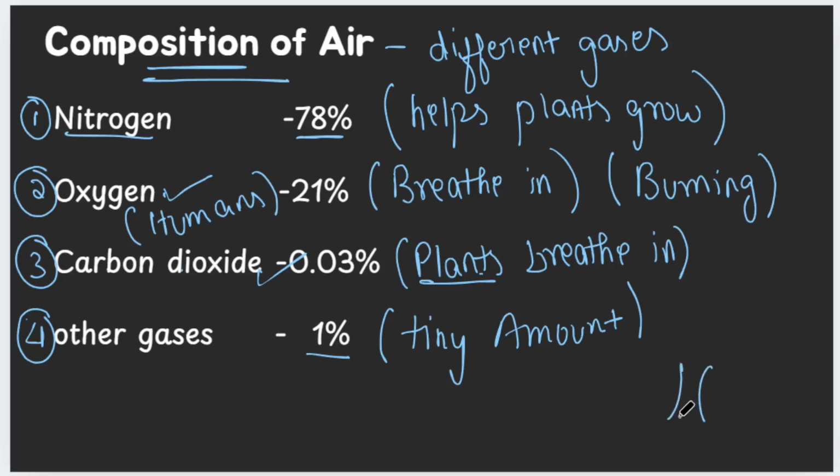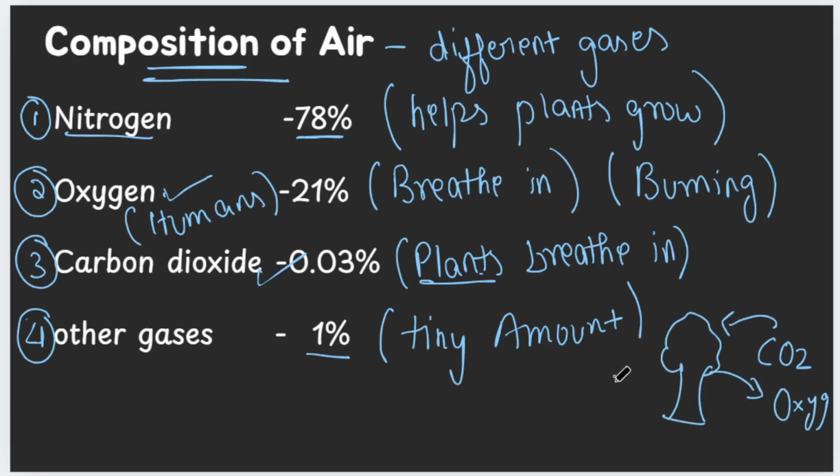So if I take this as a tree, what they breathe in is carbon dioxide. What they breathe out is oxygen. So breathe in will be carbon dioxide, breathe out will be oxygen.